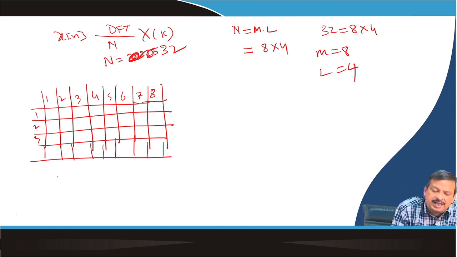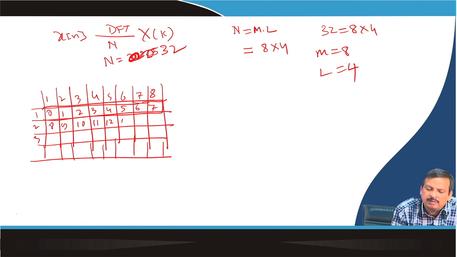If I store my x of n row wise, there will be index 0, 1, 2, and I am writing only the indices 3, 4, 5, 6, 7. So the first 8 samples will be written in the first row. The second row is 8, 9, 10, 11, 12, 13, 14 and 15.